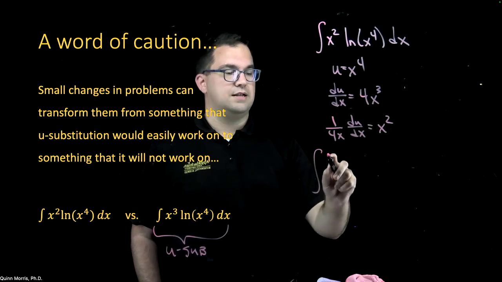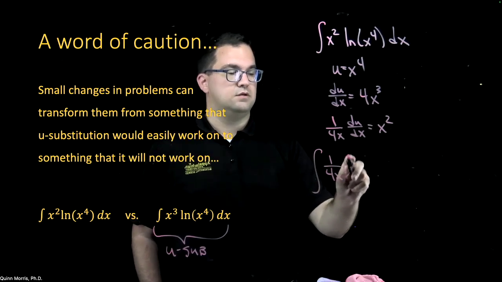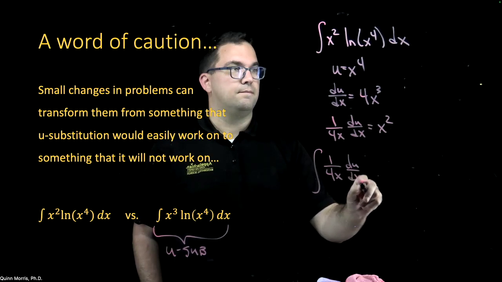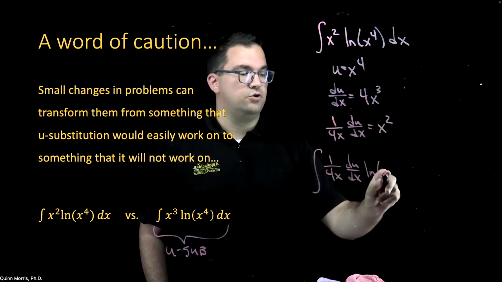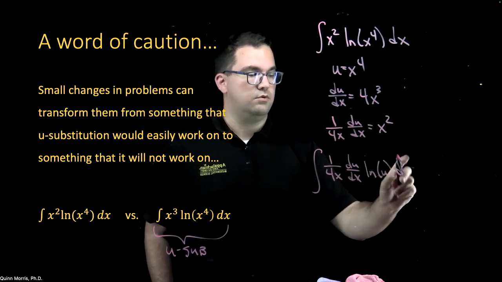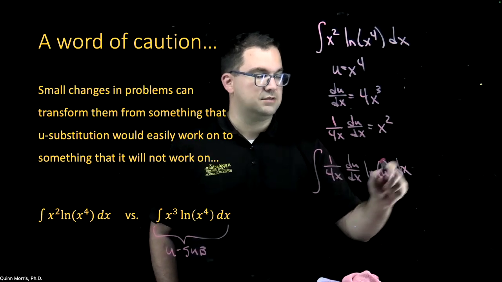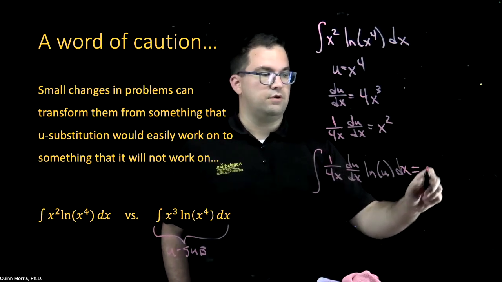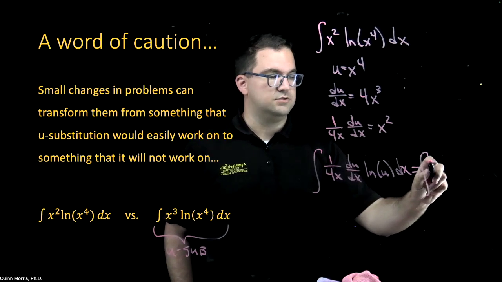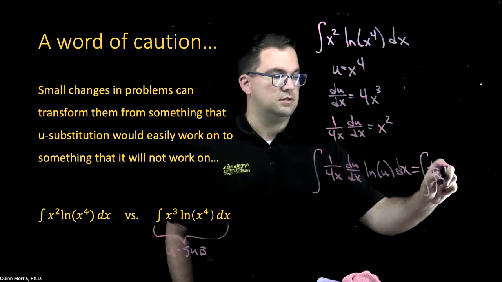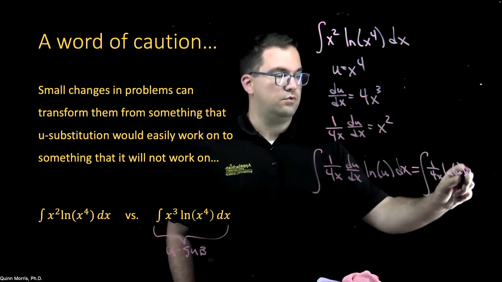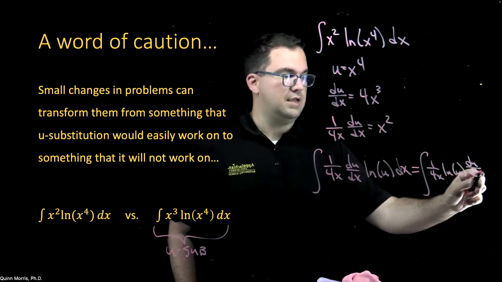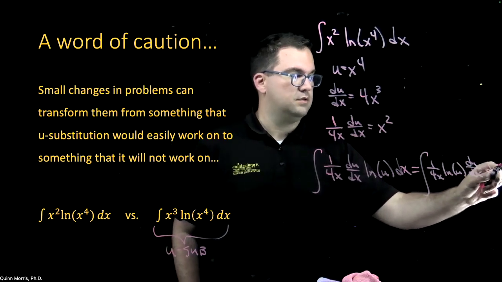So now I can substitute in for my x squared here. When I do this, I'd get 1 over 4x du dx times natural log of u dx. If I reorganize this a bit, I get 1 over 4x ln of u du dx dx.